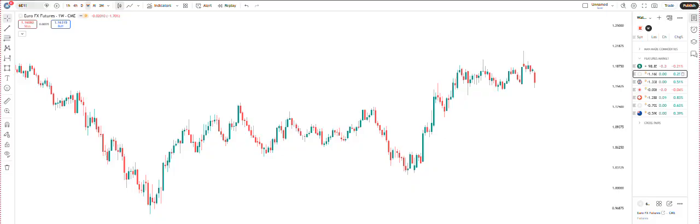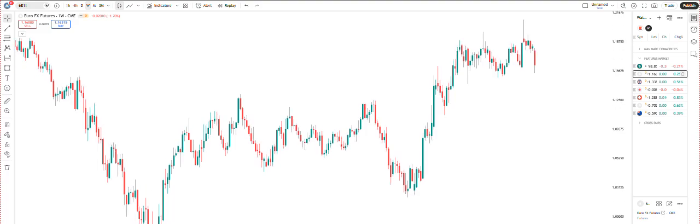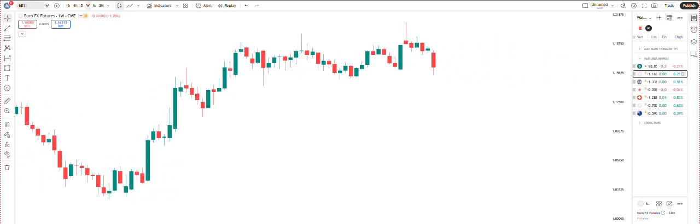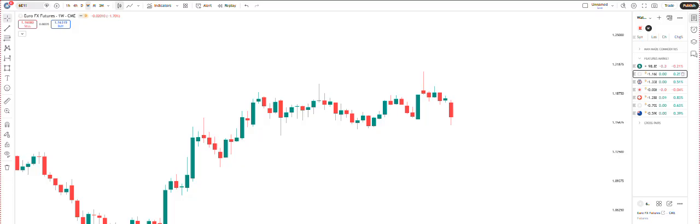from the weekly time frame, you'll notice that we have a supply zone.